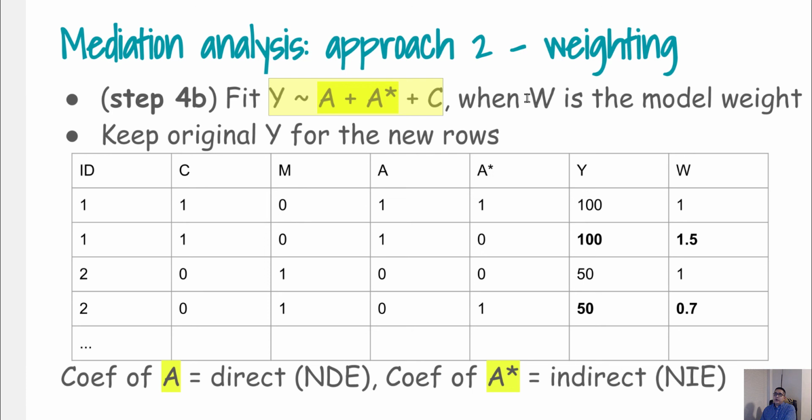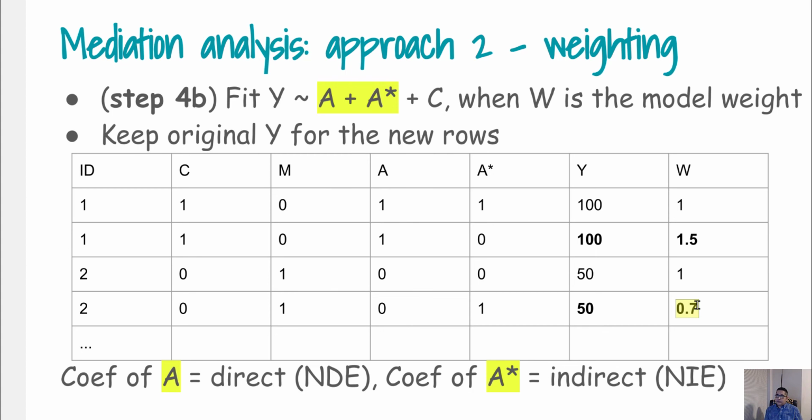But this time we weight our model with W. One thing that is different from the imputation approach we used earlier is that we are not changing our Y values. We are keeping the original Y values that we have observed. The only thing we are changing is the weight, based on this weighting approach.